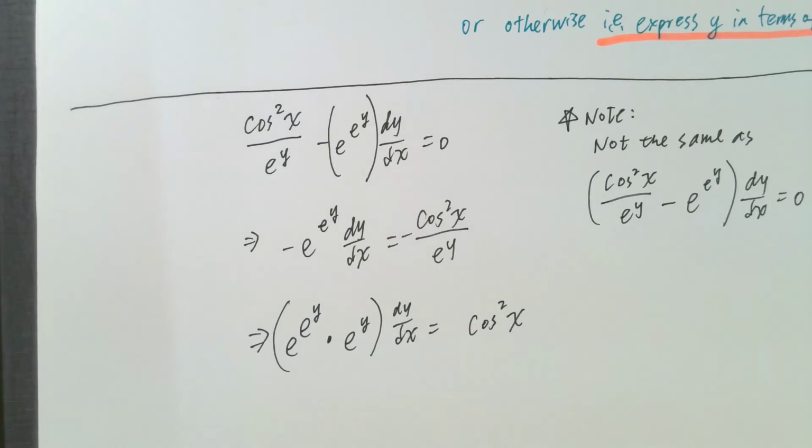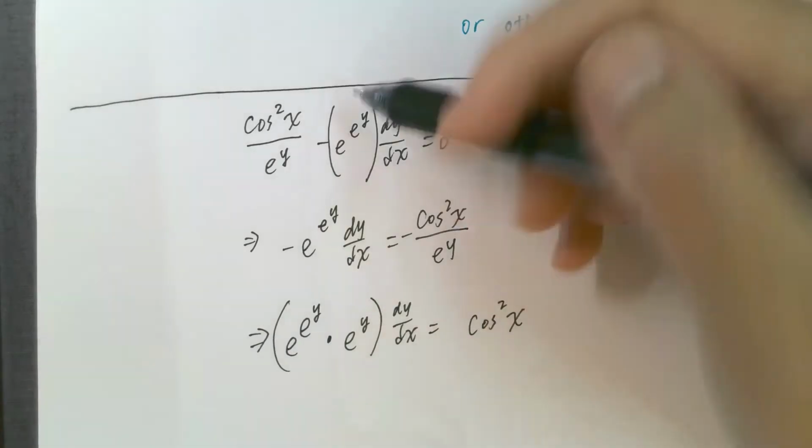If it were this, you would be in big trouble, because try separating dy and dx into two places. You would get something horribly complicated on one side, and then you would get dx on the other side, and at this stage, I don't think you can solve it that way. So you've got to remember what this dy dx is attached to.